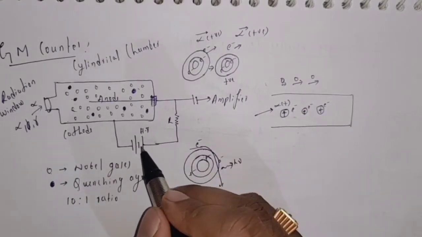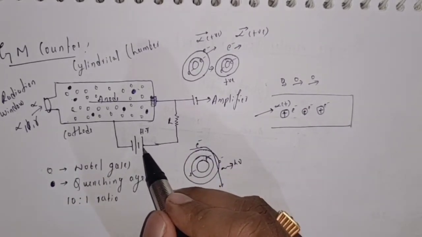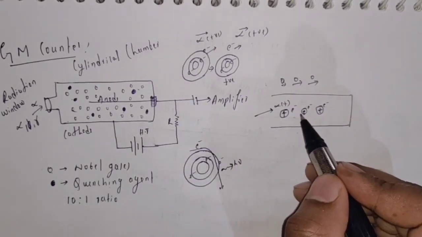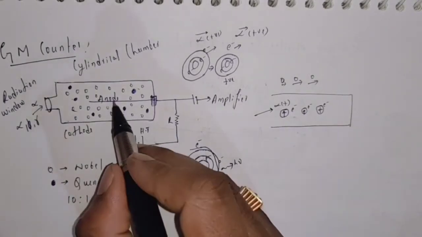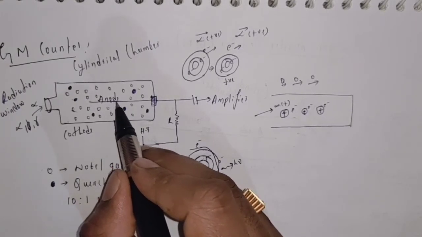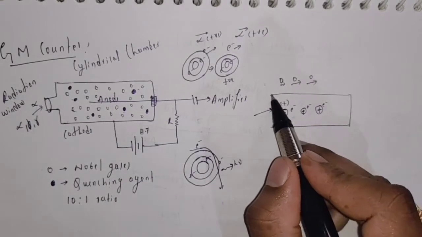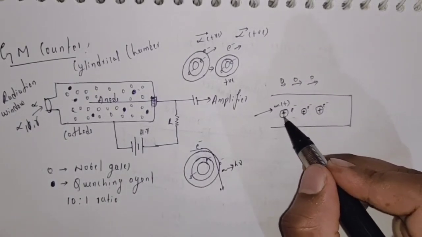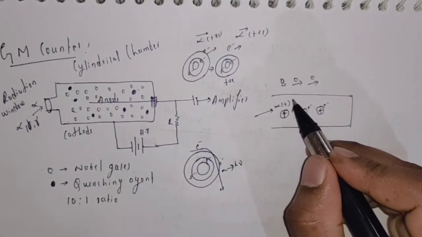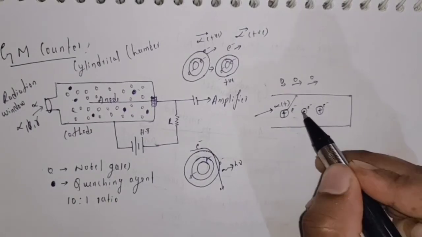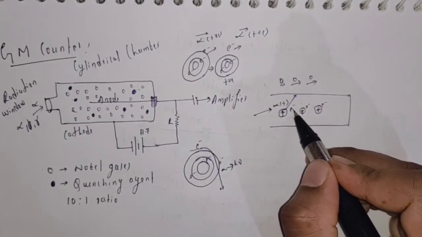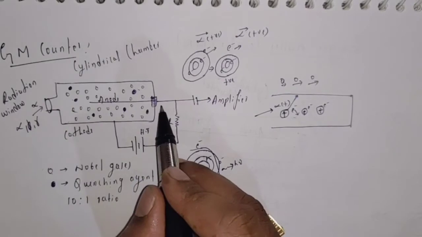If the applied voltage is sufficiently strong, then the electrons emitted from the atoms are attracted to the anode, and the positively charged ions are attracted towards the cathode, because the ion is positive and the cathode is negative. So these positive ions get attracted towards the cathode, and the emitted electrons get attracted towards the central anode wire.